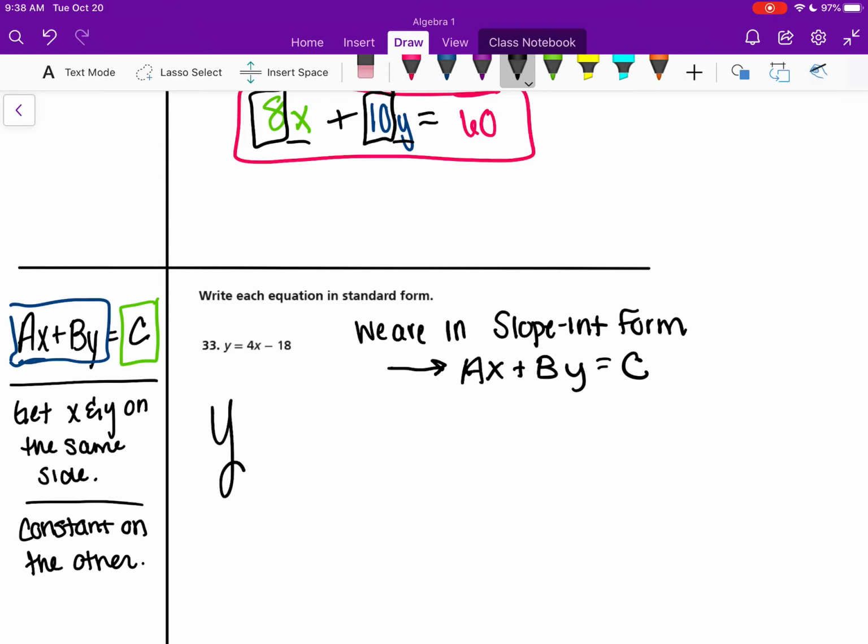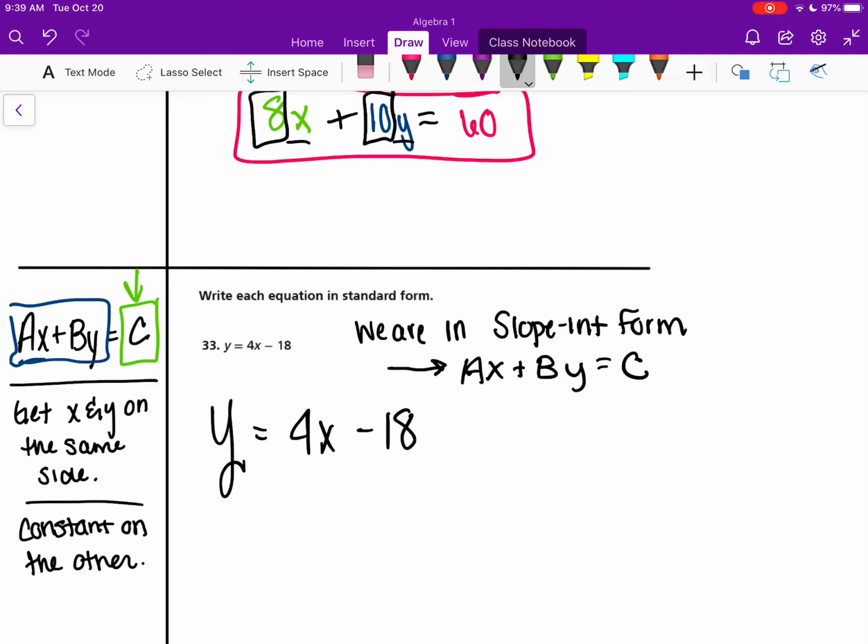So we have the equation y equals 4x minus 18. And now we've determined what we need to get by itself. We need to get that constant term by itself. We want the constant term to be alone on the right-hand side, and we want the x and the y on the left-hand side.